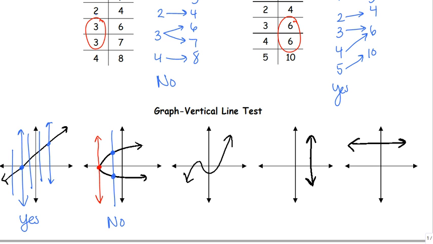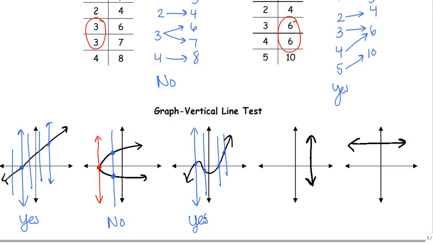We go to our next graph, which is a cubic graph. I draw my vertical line, it only touches once. I do a couple, I'm looking, I'm not really seeing it where it's going to hit more than once, so yes, this is going to be a function. No matter where I draw that vertical line, it's always going to work. Now the next one's a little bit tricky.